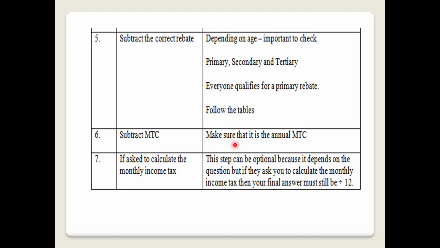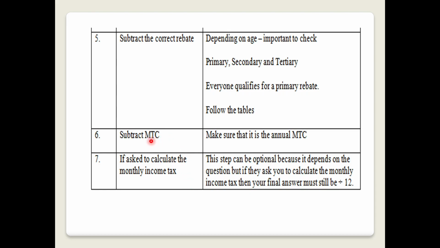Make sure that it is annual medical tax credits. Then, if asked to calculate the monthly income tax, this step can be optional because it depends on the question. But if they ask you to calculate the monthly income tax, your final answer will then be divided by 12.